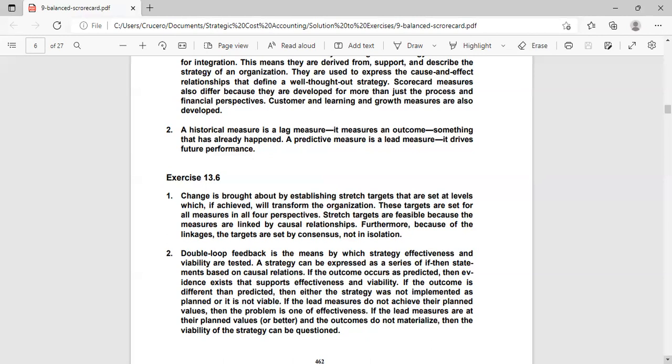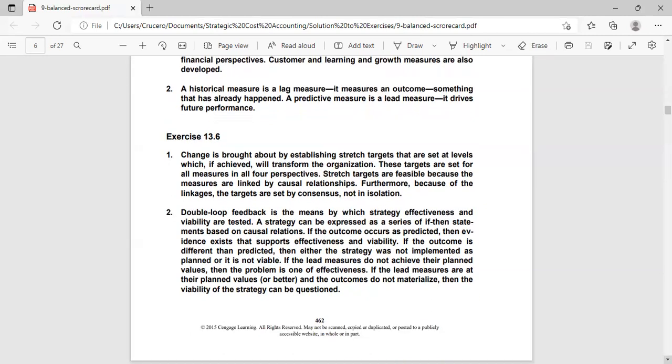If the lead measures are at their planned values or better, and the outcomes do not materialize, then the viability of the strategy can be questioned.